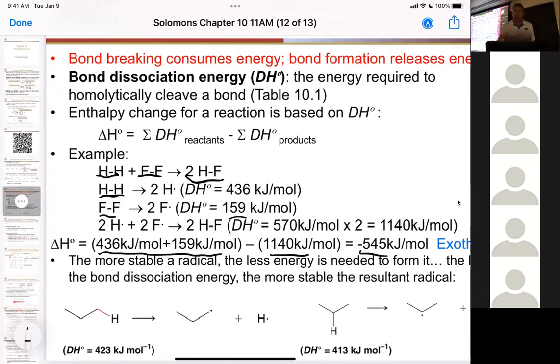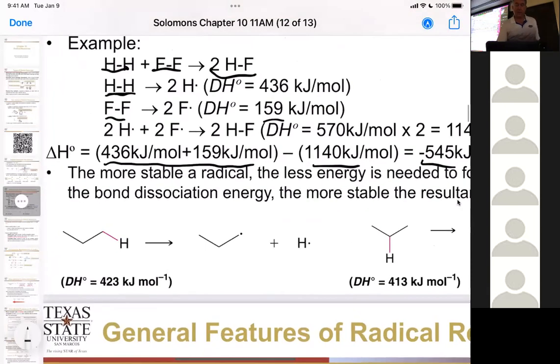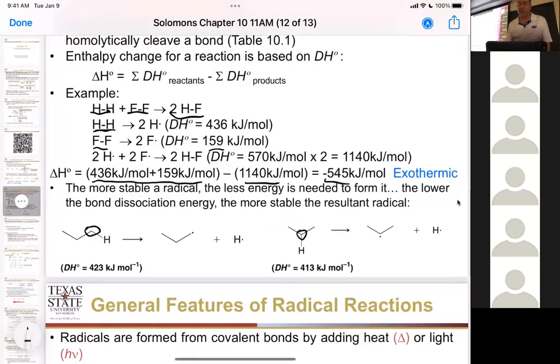Okay. And so when we do the same thing with something like a hydrogen abstraction right here, we can see that if we do a hydrogen abstraction to give us a primary radical, it actually takes more energy than doing a hydrogen abstraction to give us a secondary radical. But notice the difference, not that much.